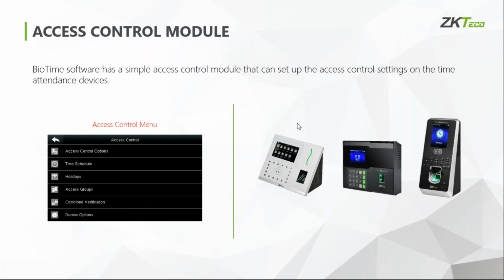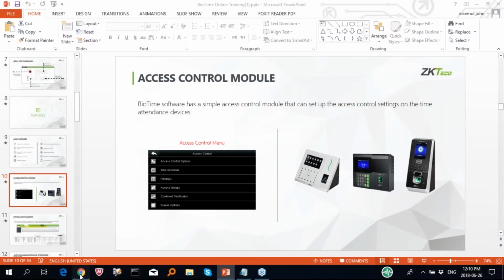You can see here time schedule, holidays, access group, combination verification. These are all the standalone access control options available in our attendance machines. So you can upload all these options through the same software. You don't need to go to the machine and do these things directly. We can handle it from the software.